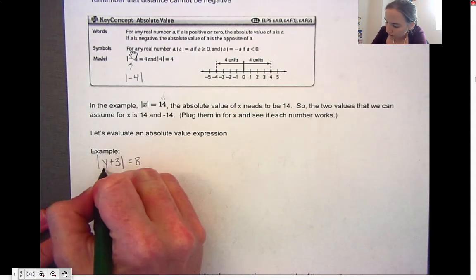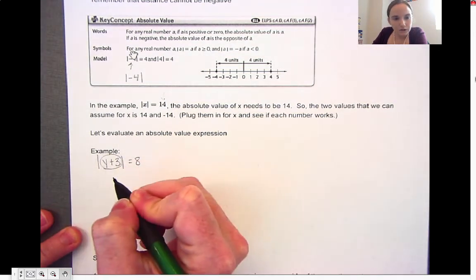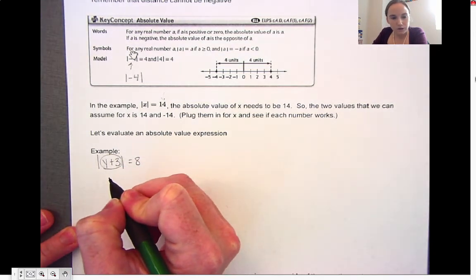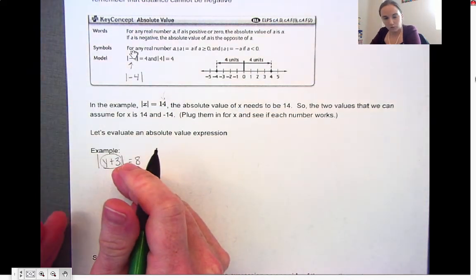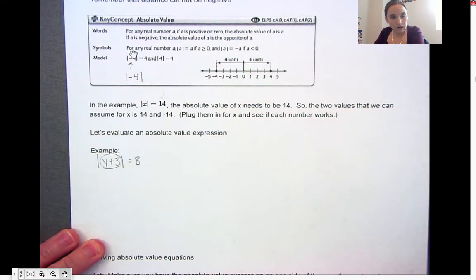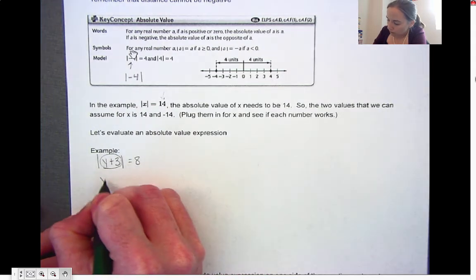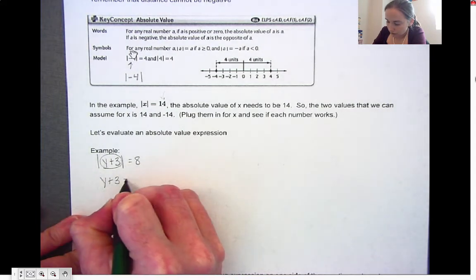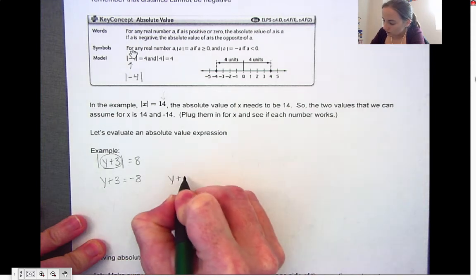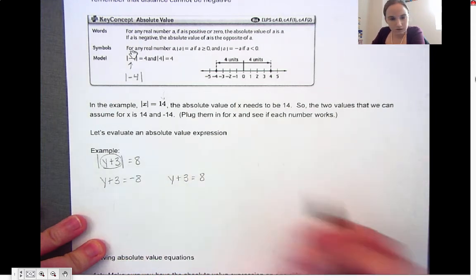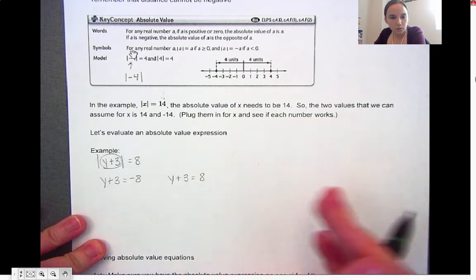So this information inside here has got to give me either -8 or +8, so that when I take the absolute value, I get 8. So we know that y plus 3 can be equal to -8, or y plus 3 can be equal to +8. And now we solve both of these equations.